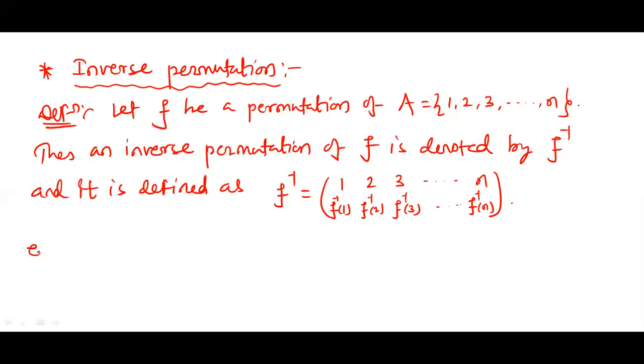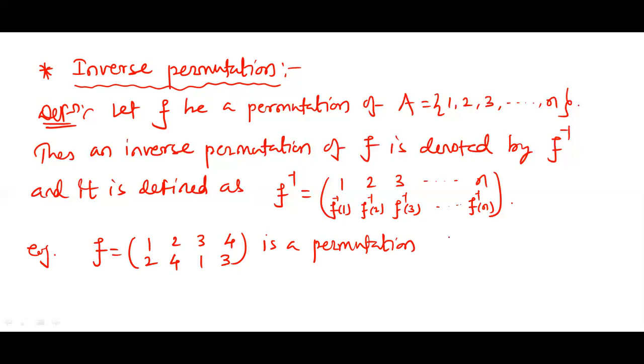See, for example, we have seen that F equal to 1, 2, 3, 4, in which 1 maps to 2, 2 maps to 4, 3 maps to 1, and 4 maps to 3, is a permutation of the set 1 2 3 4.